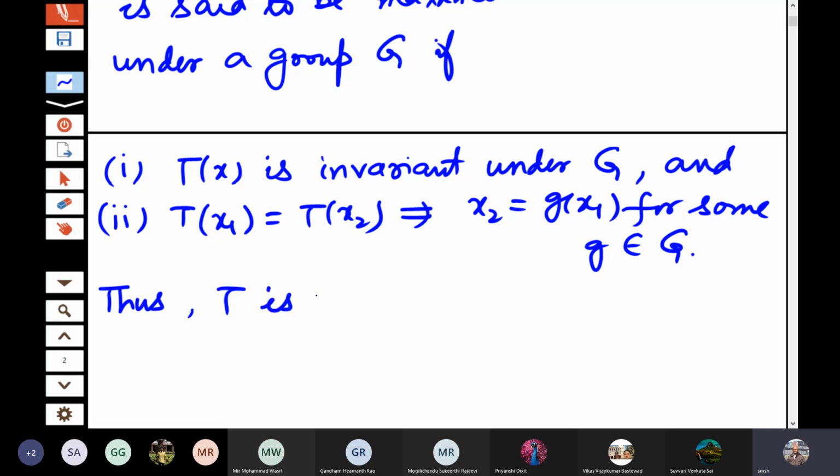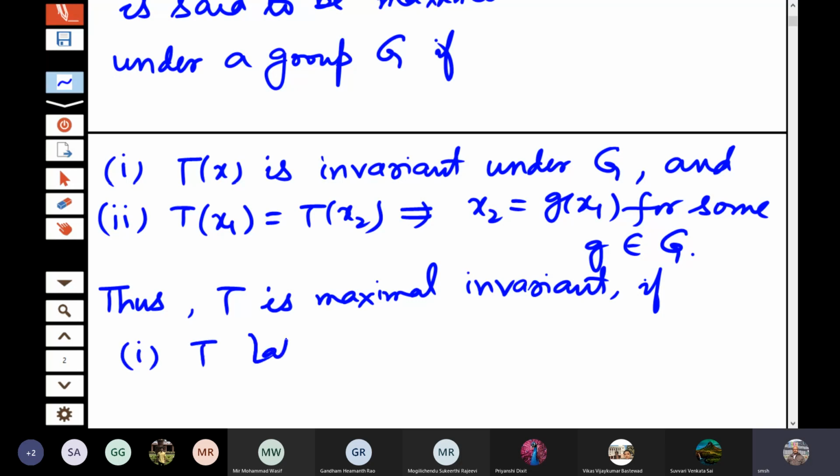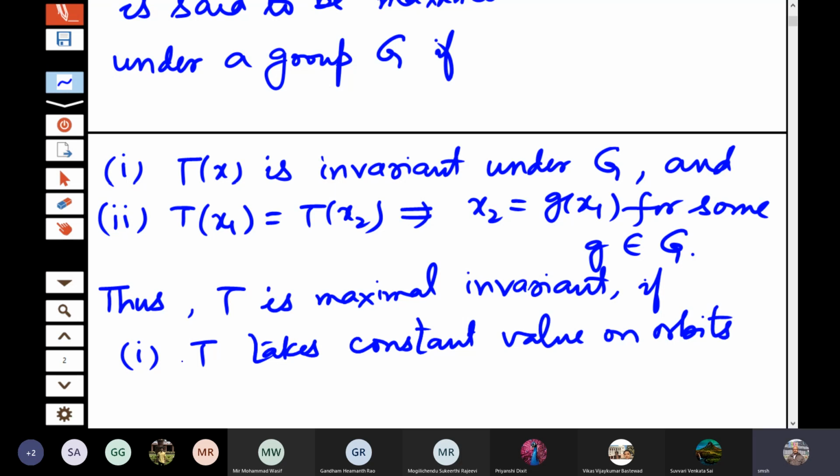T is maximal invariant if it takes a constant value on orbits, and second, it takes different values on different orbits.